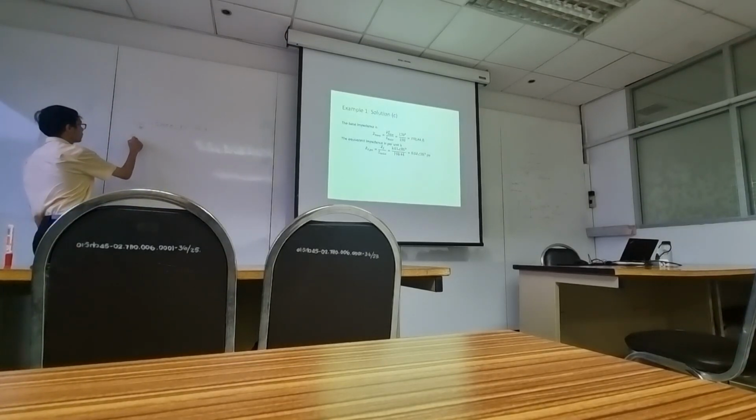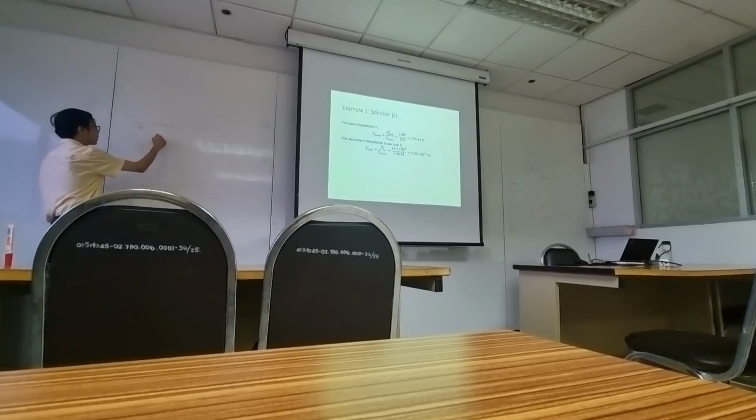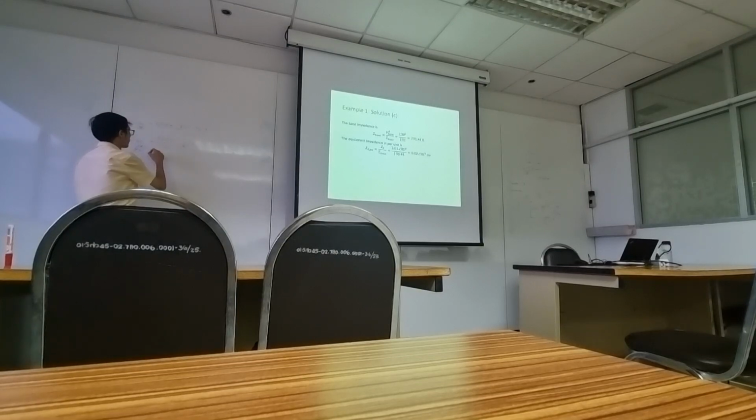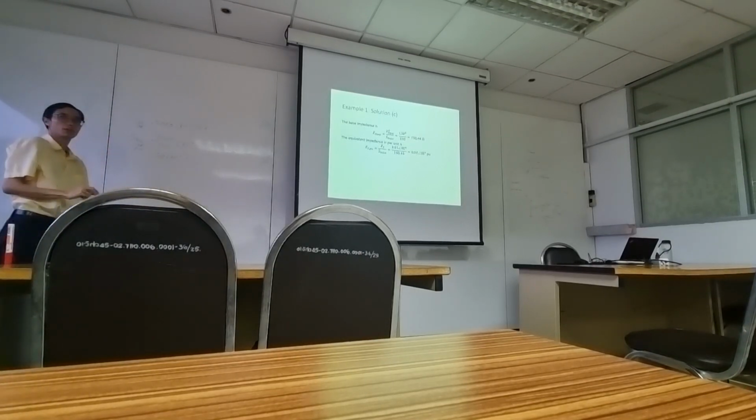If you want the short circuit capacity in per unit, you just divide this by 100. And this would be 50 per unit.